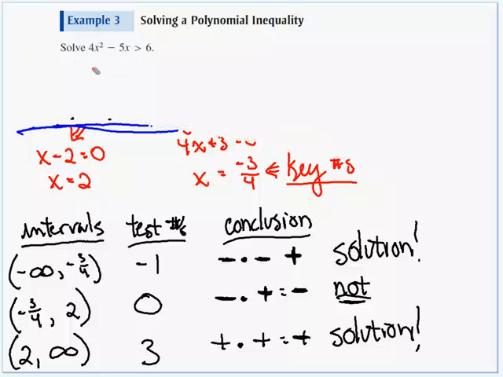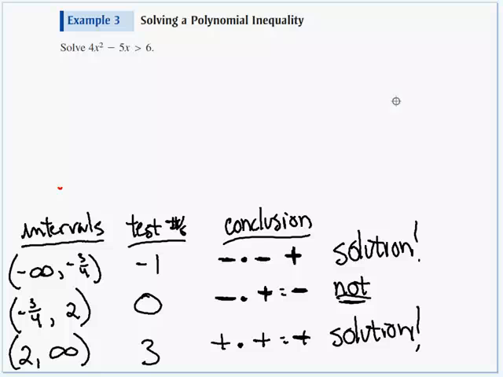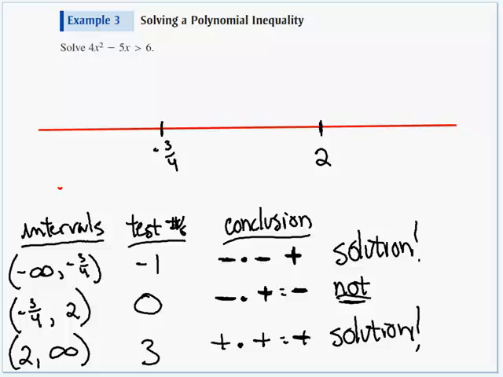So we can draw a little number line now. Why not? And let's see, our first key number, negative 3/4. And then we had another one at 2. And we found our inequality was strictly greater than, so these will be parentheses.